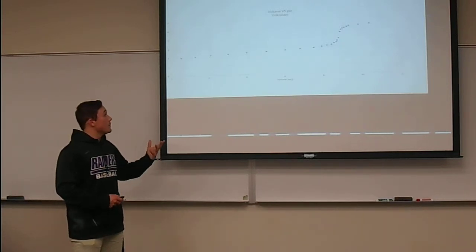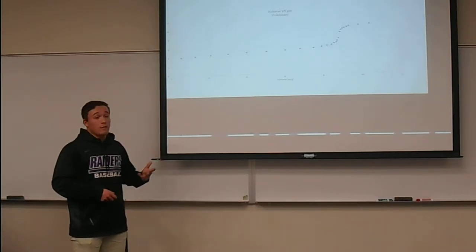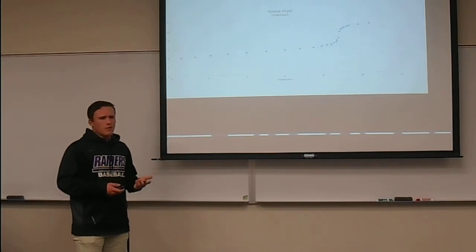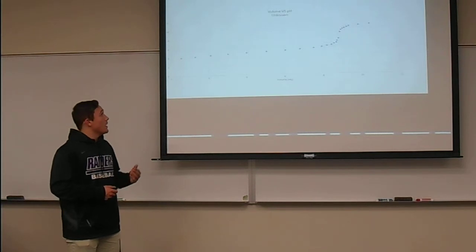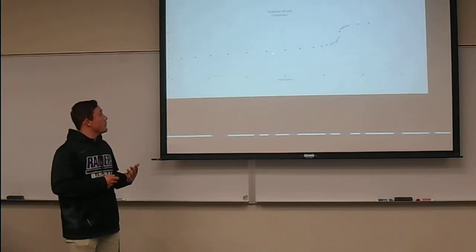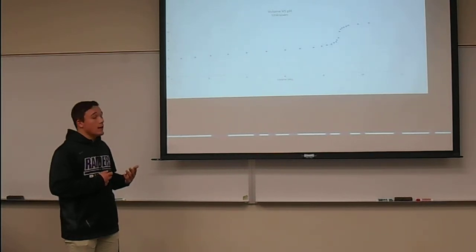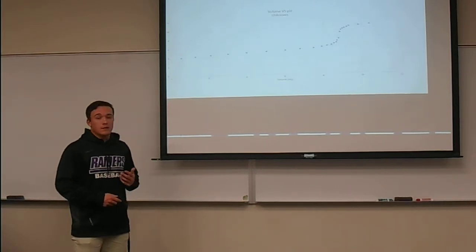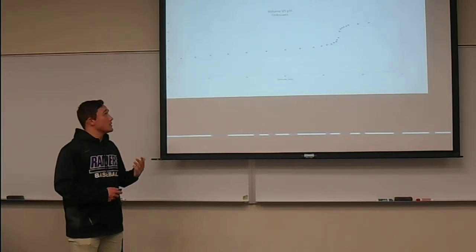If we take half of that, around 4.38, and put a vertical line here, then if we go straight across from where it intersects this line, we'll find our pKa. That's how we find our pKa for each of these graphs.